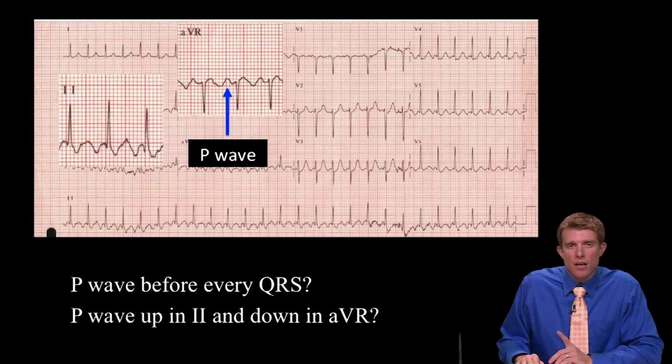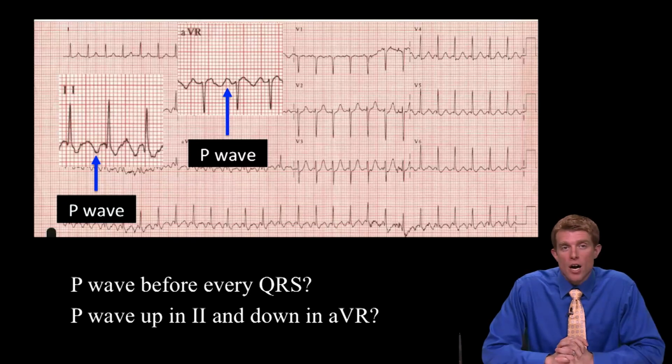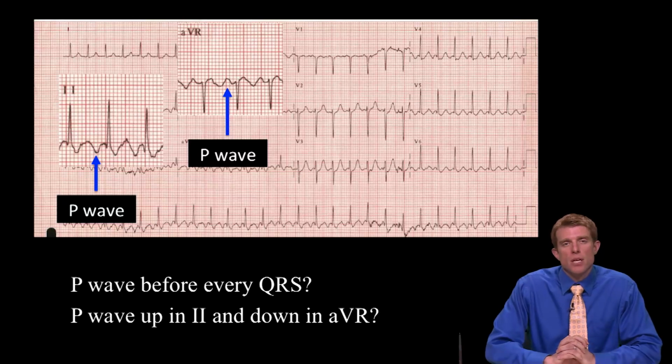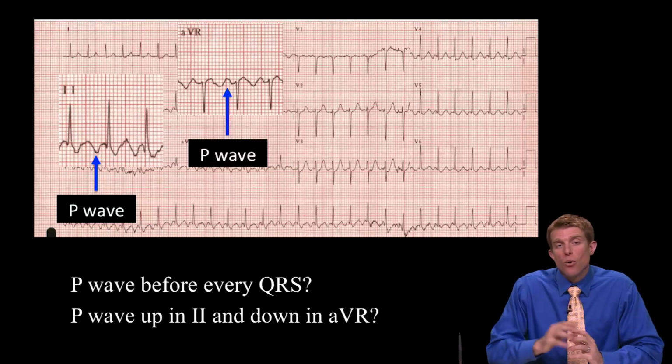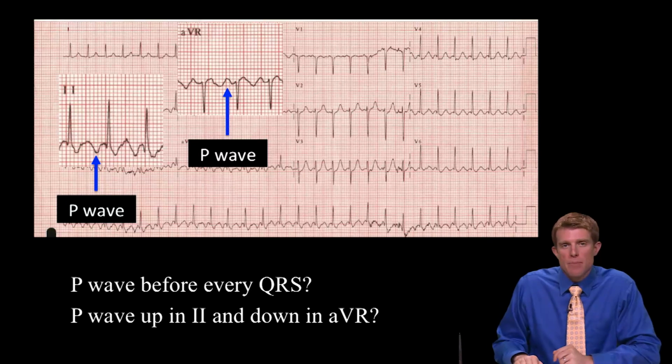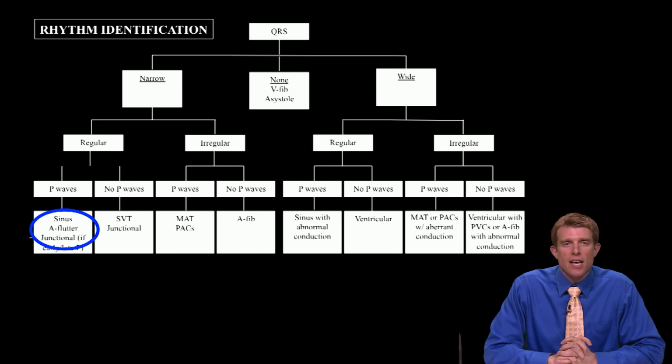That's uncommon. Most of the time, the P wave in AVR in a sinus rhythm is going down. And the P wave in 2 is going down, which is opposite of normal. So this means that our atrial axis, as it's depolarizing, is opposite what we would expect. And so if that's the case, we think that this patient has atrial flutter as their rhythm.